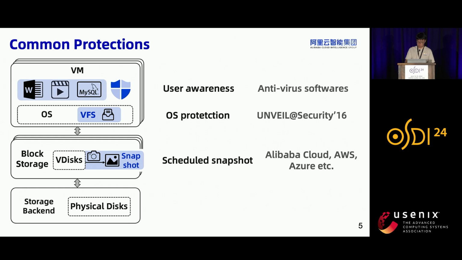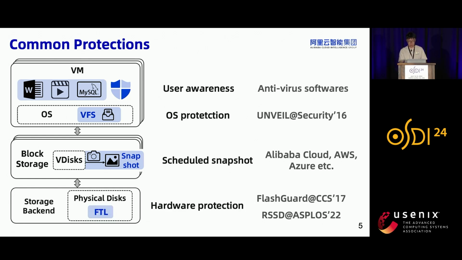And then, for cloud block store providers like us, the user can ask us to perform scheduled snapshots. So, if there is an attack, the user can roll back to a previous checkpoint to avoid the files from being tampered. And finally, we have seen that there are hardware protections that can detect the attacks and roll back the data to normal.